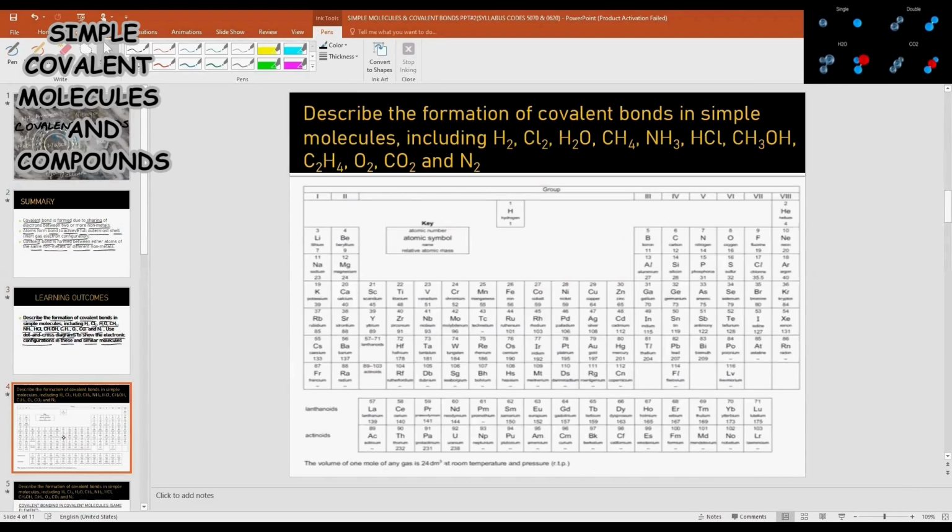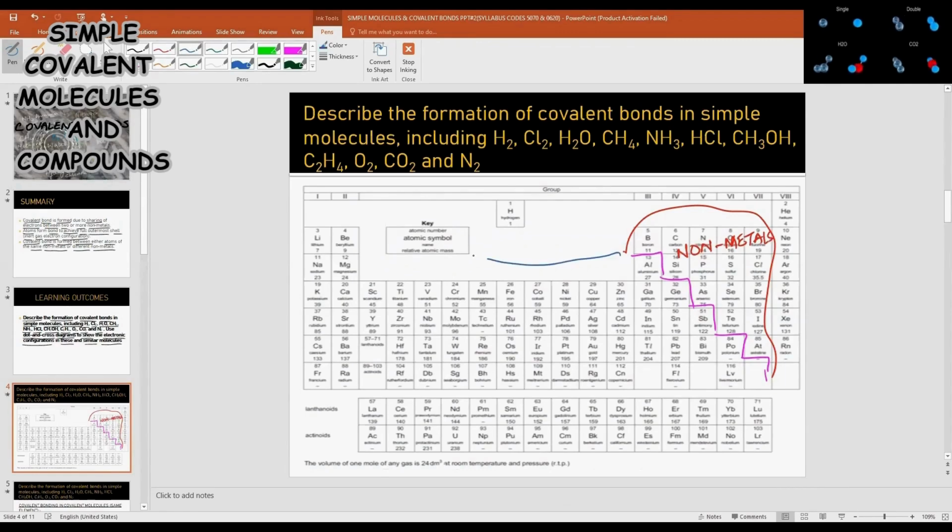Here is the periodic table. First of all, I'm going to draw the staircase line so you have a better idea about the position of metals and non-metals. In this area, we have only non-metals. This is above the staircase line.